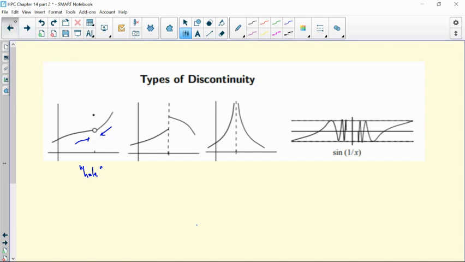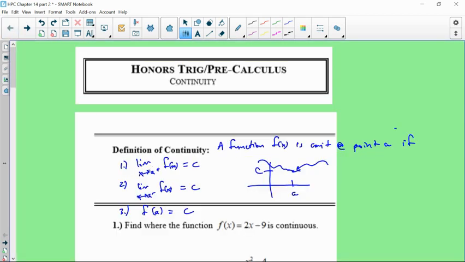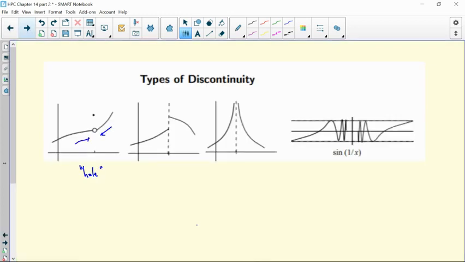If we think about those three components, does the limit from the left equal the limit from the right equal the function value? Only 2 of the 3 do. So this hole is what we call a removable discontinuity, and you don't have to worry too much about the different kinds.